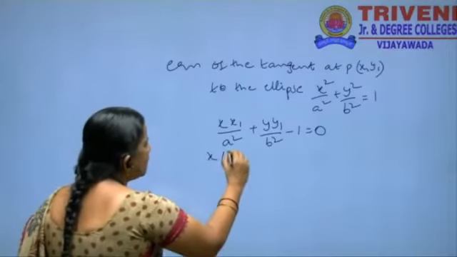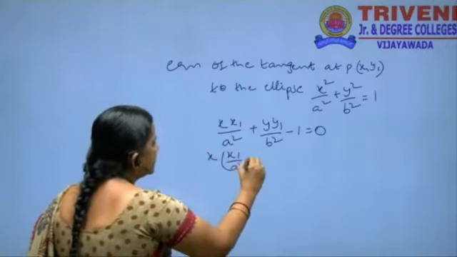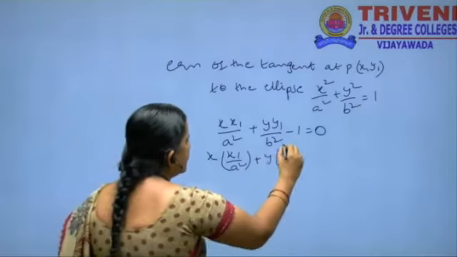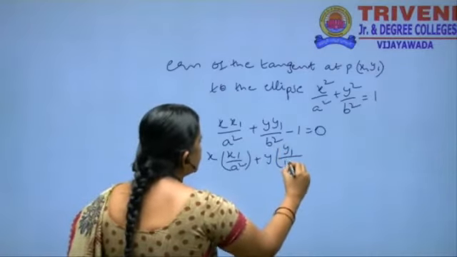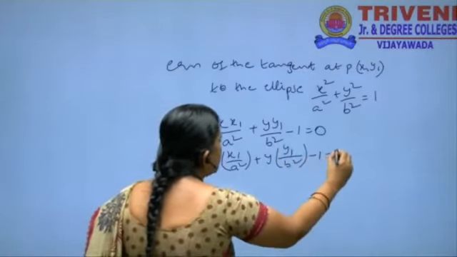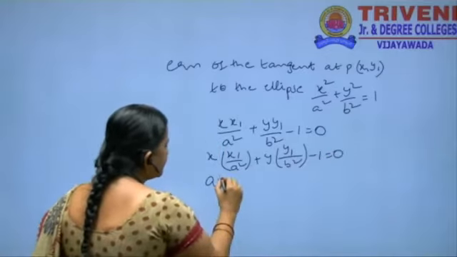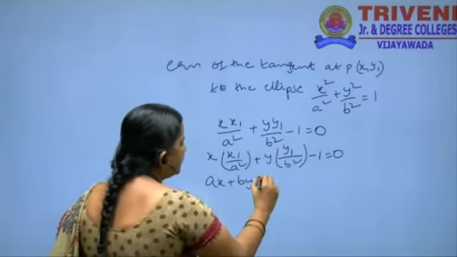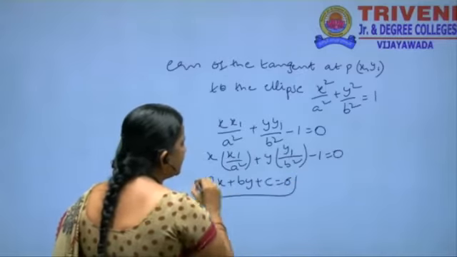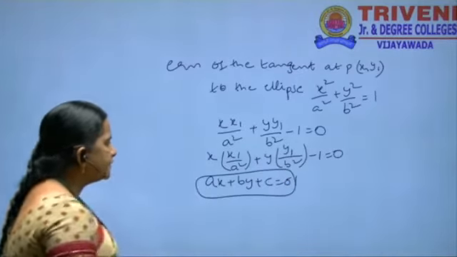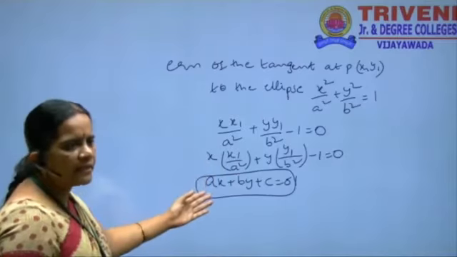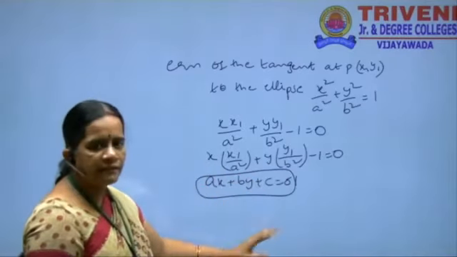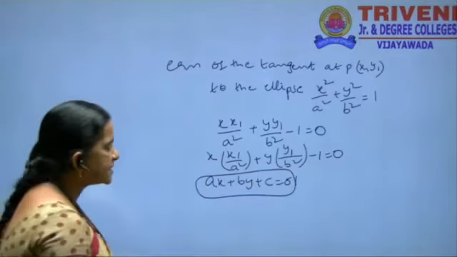This is in the form of lx plus my plus n is equal to 0, or ax plus by plus c is equal to 0. This is the equation of a straight line.